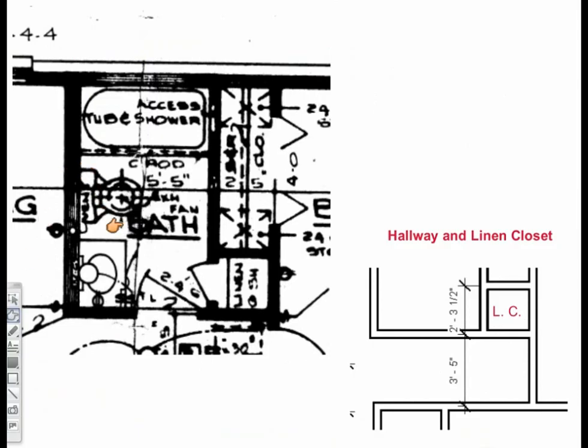Next, we will lay out the bathroom. The bathroom wall is located here. The center of this wall is 5 feet 5 inches from the center of this wall here.